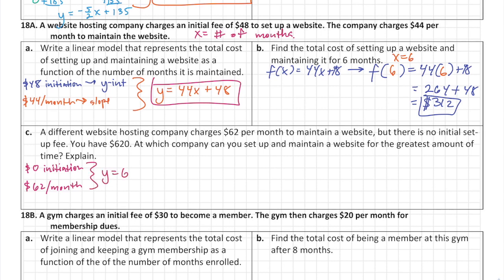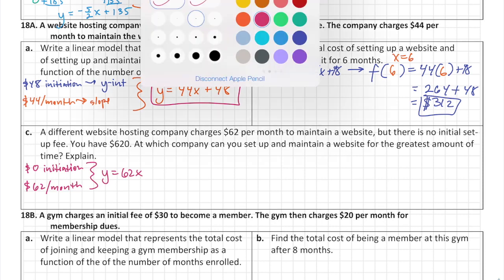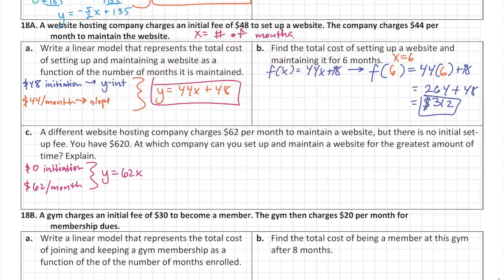I would get y is equal to 62x, and I could put the plus 0, but I'm not going to put it because it's unnecessary. Now, if I set both of these equal to 620, I could see which one gives me the higher x value. Whichever one does is the one that would give me the more bang for my buck, essentially. So let's try it here. 620 equal to 62x. Divide both sides by 62 and get x is equal to 10.